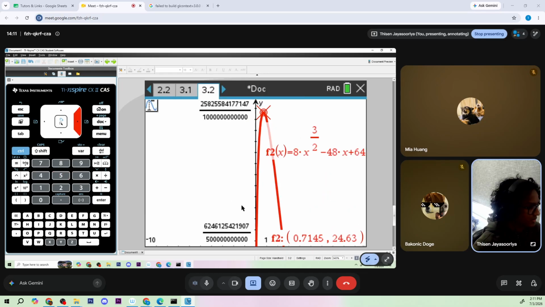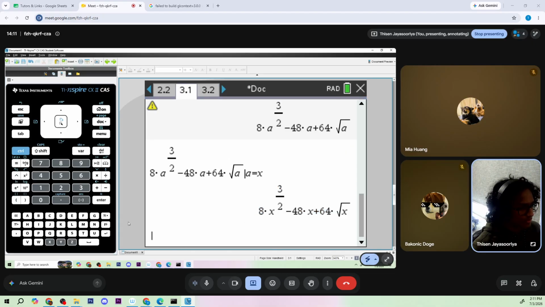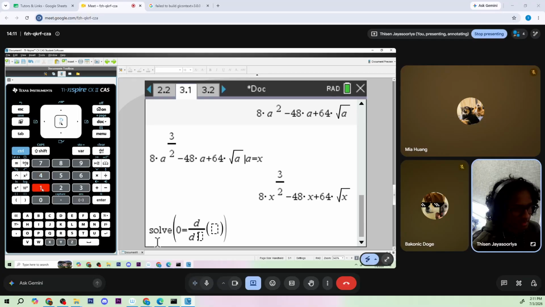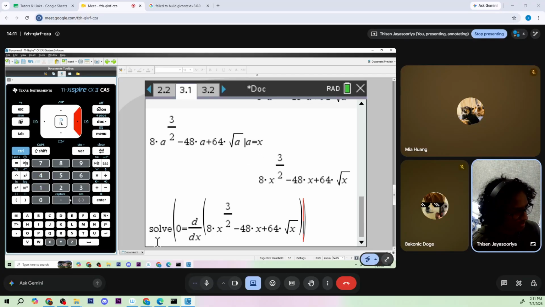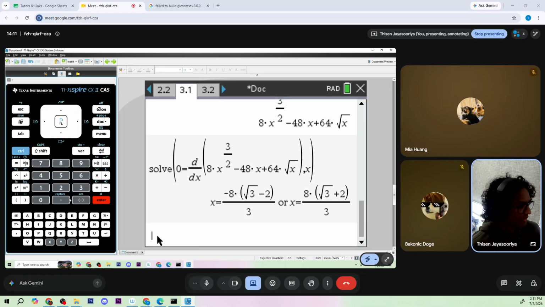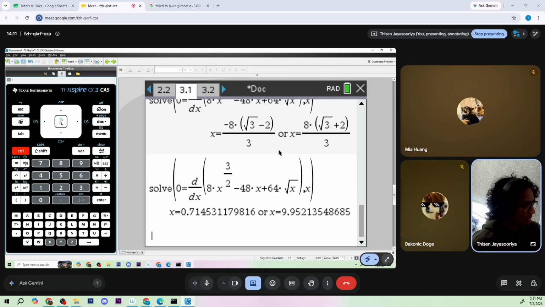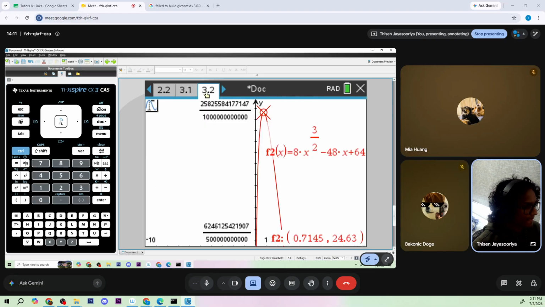The maximum occurs at 0.714. That's not an exact value, so I'm going to go back over here and do menu 3, 1, 0, because I know that's a turning point. I can just use calculus. So comma x, right? It means that the turning point is going to occur at this point.